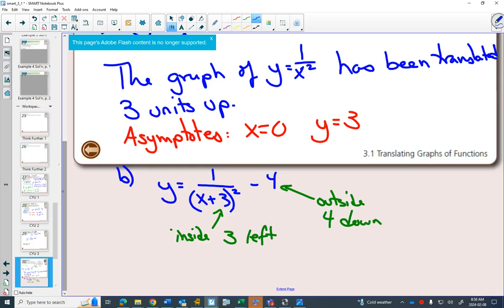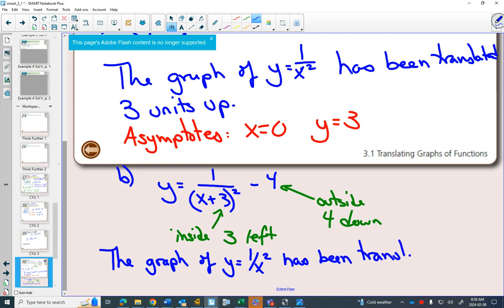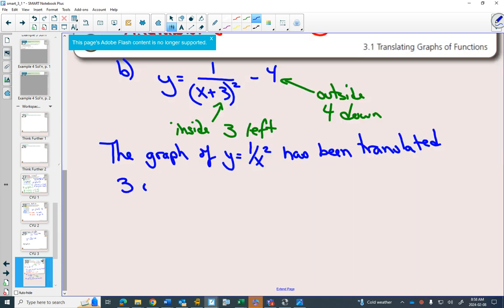So our explanation, because it's a describe question: the graph has been translated 3 units left and 4 units down.